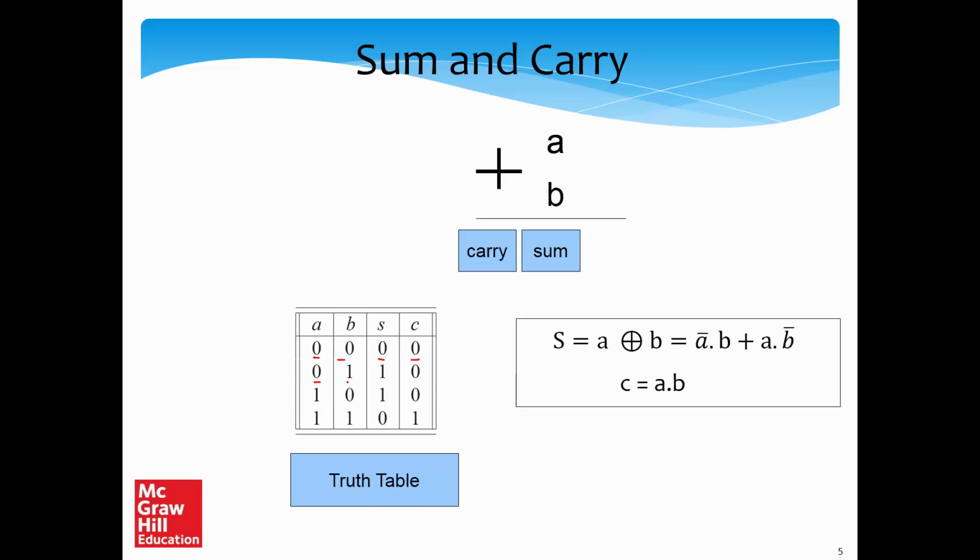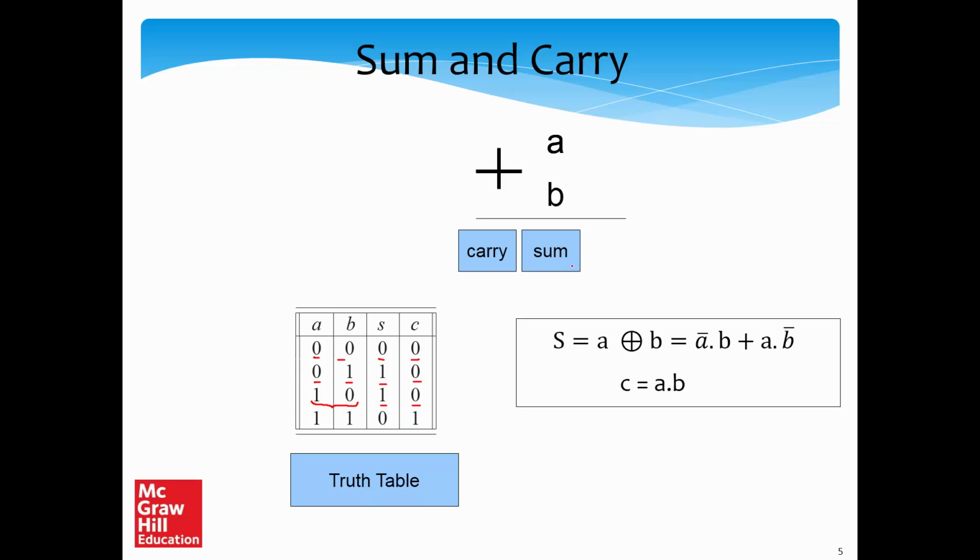If A is 0 and B is 1, the sum is 1 and carry is 0. Likewise, if A is 1 and B is 0, the sum is 1 and the carry here is 0. And lastly, if A is 1 and B is 1, the sum is 0 and the carry is 1.